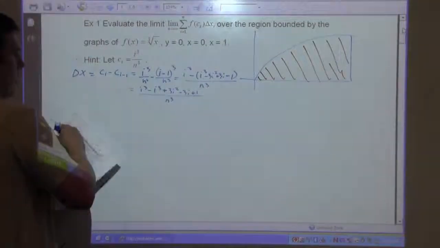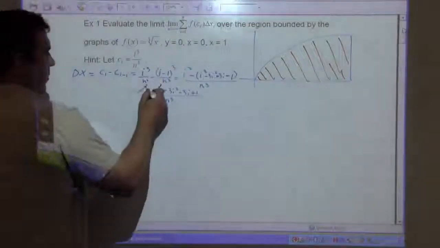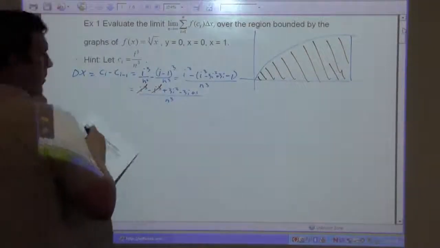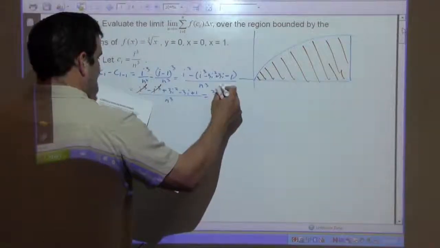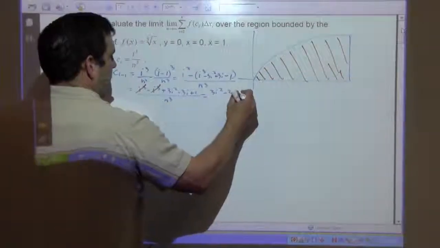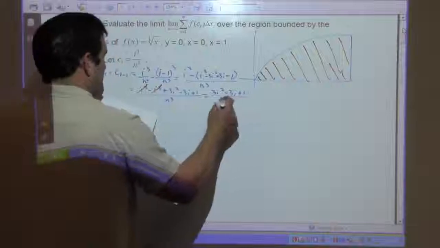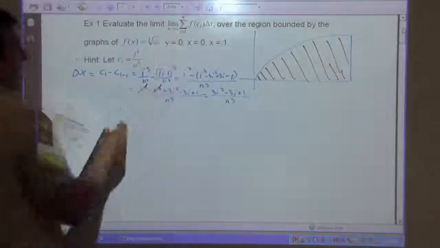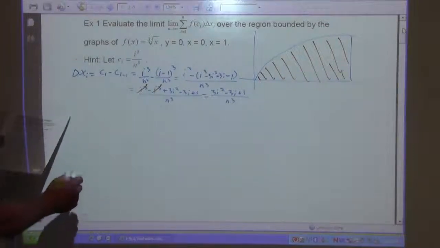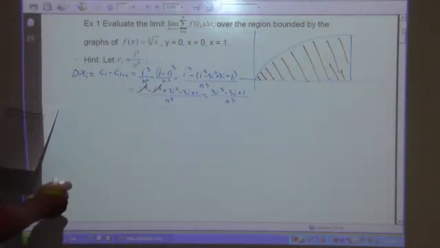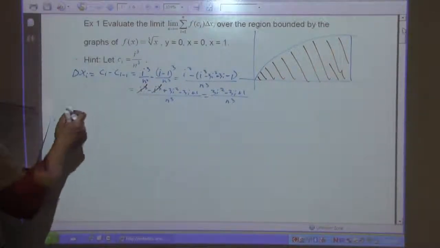So the i cubes go away, and we're left with 3i squared minus 3i plus 1 over n cubed. So that becomes our delta xi. So we have non-equal widths here.